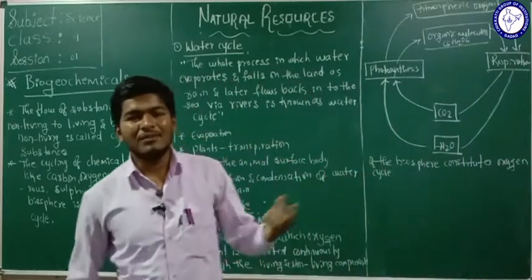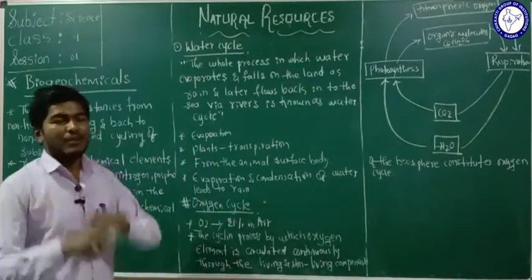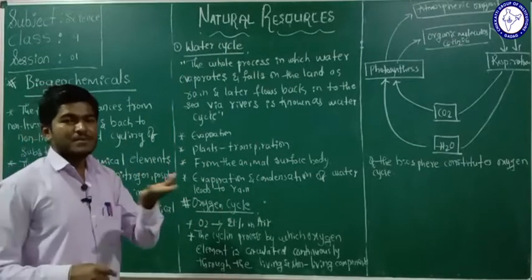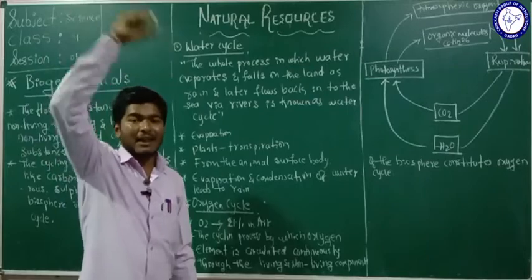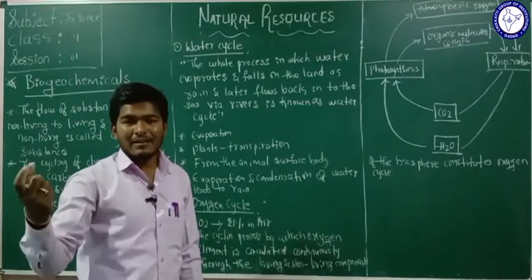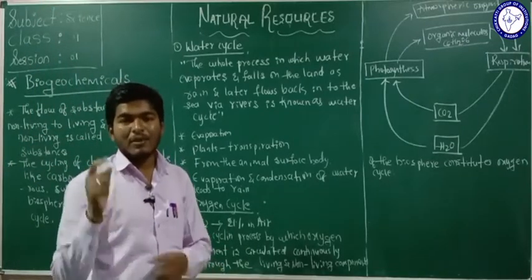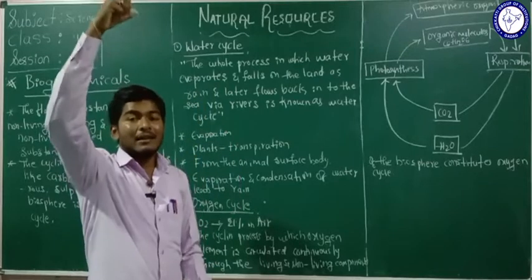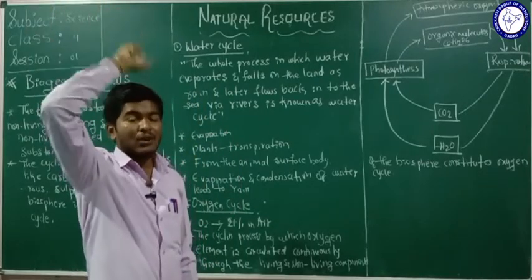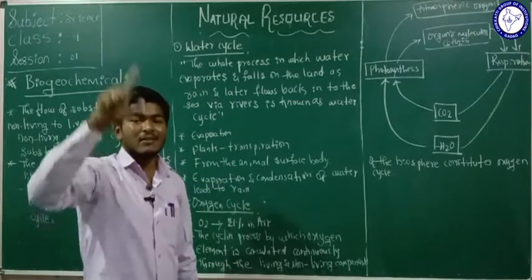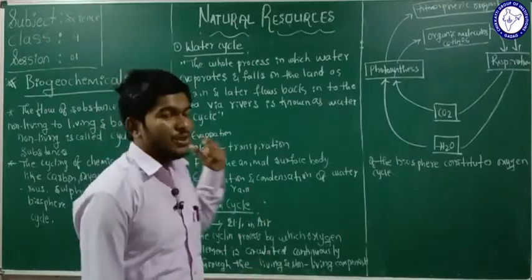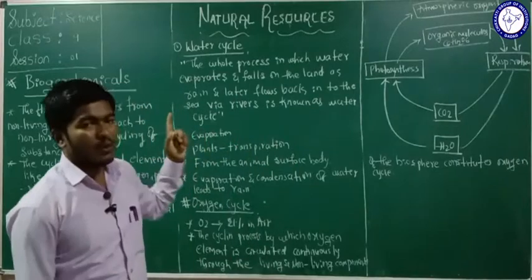The water present in the sea and on the land will be evaporated and condensed, and again fall as rain, and afterwards that water will again be evaporated, again condensed, again the clouds will form, again rain will come. So this is the continuous cycle, the first biogeochemical cycle which we studied, that is nothing but the water cycle.